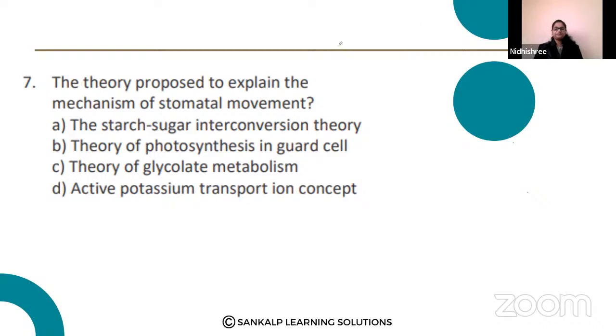Vidya, option D. Kumar, option D. Saundarya, option C. Asha L. Patil, option D. Yes, what about others? Chandana, option C. Kanchanaraj, Nandish, option D. Rakshita, option A. Kavita, option D. Okay, Samarth, option B. Right. So the right answer here is option D, that is active potassium transport ion concept, which explains the mechanism of stomatal movement.